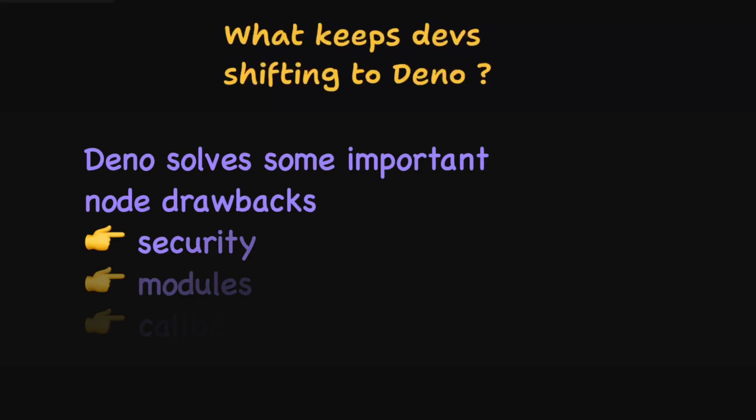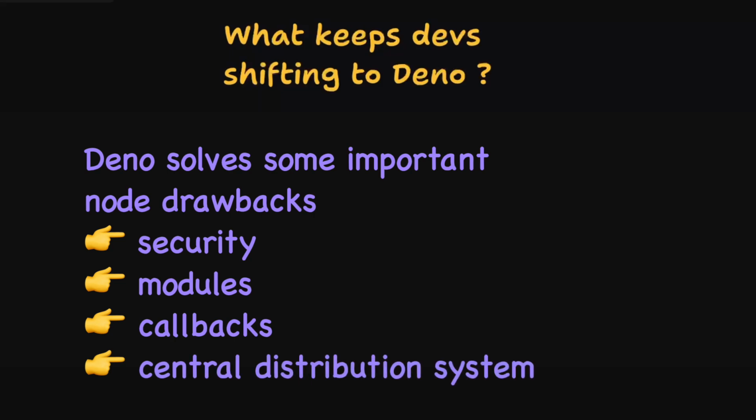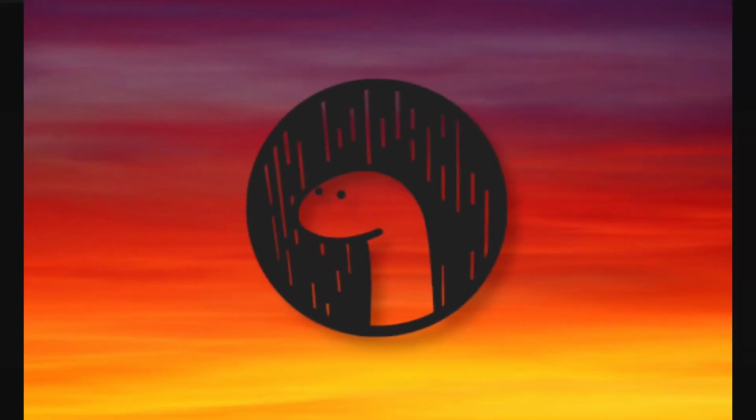It solves important Node drawbacks, including security, modules, callbacks, and the central distribution system. For the time being, Deno is most interesting to early developers, and it has been a good thing. Gradually, the community supporting Deno will be able to grow and make it necessary for web development maybe in the future, but not now.